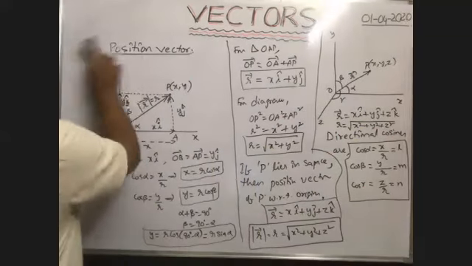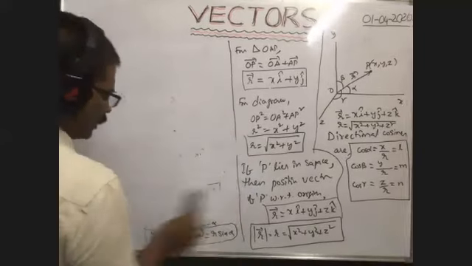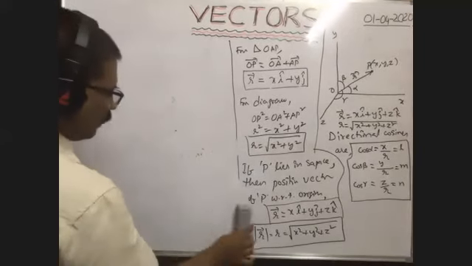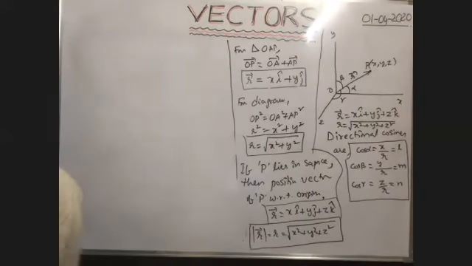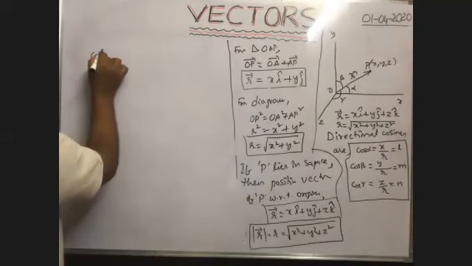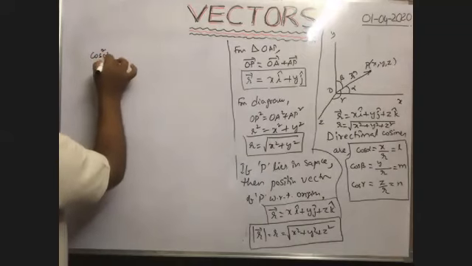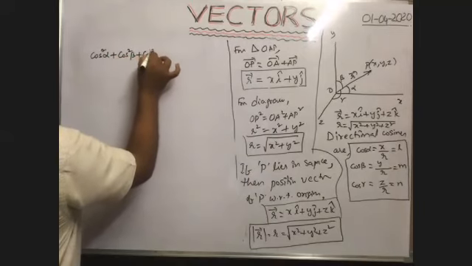Sum of the squares of directional cosines is equal to how much? One directional cosine is cos alpha, so its square means cos square alpha plus cos square beta plus cos square gamma.